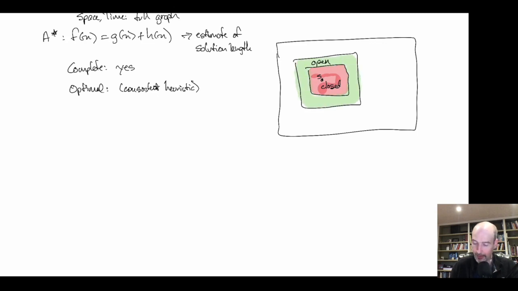Then any path that goes from the start is going to go through the open list, and it's going to come out to, and this might be the goal, but really we can reason about any path from the start state out to any state in the world. It happens to be the case, as with Dijkstra's algorithm, that A star finds an optimal path to every state in the state space, not just to the goal. But hopefully it's going to be more efficient at finding the optimal path to the goal.